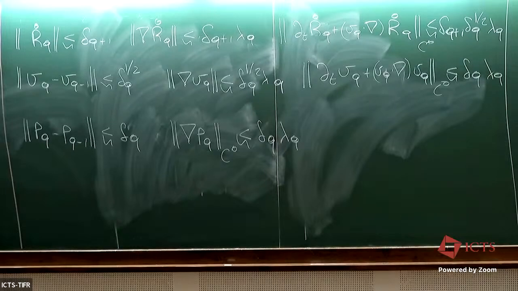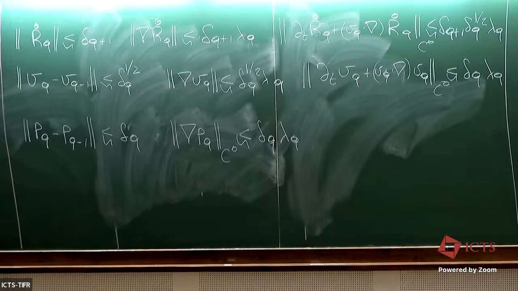Okay, so now let me ignore that there is a correction term, and just plug in the definition of R circle Q plus 1. This is a computation that we did last time.